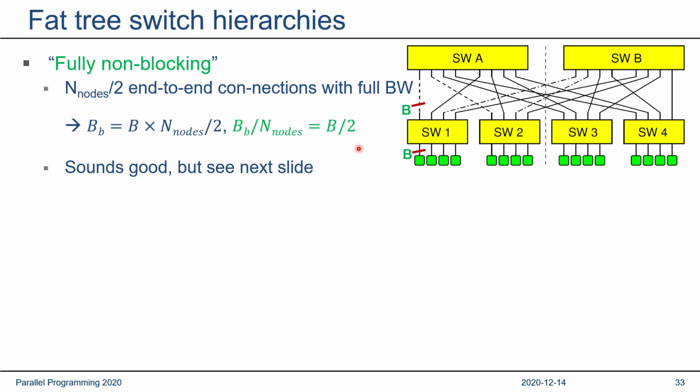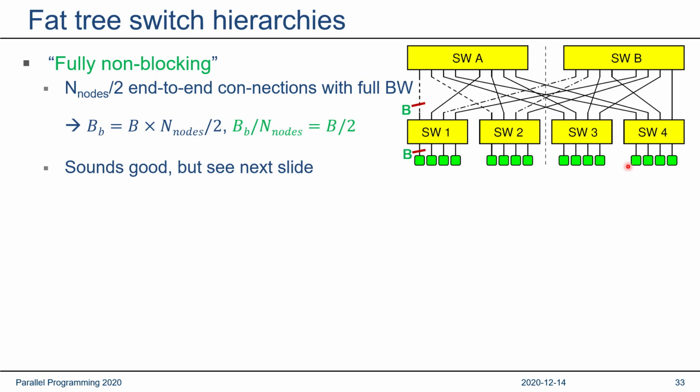That sounds very good, but there are problems in practice, which we'll touch on on the next slide. There's a second problem with this kind of setup, and this is that in practice it could become very expensive. It doesn't look like that here, but for realistic setups with hundreds or even thousands of nodes, the switch hierarchy can be a really big chunk of hardware, which is expensive and also uses a lot of power.